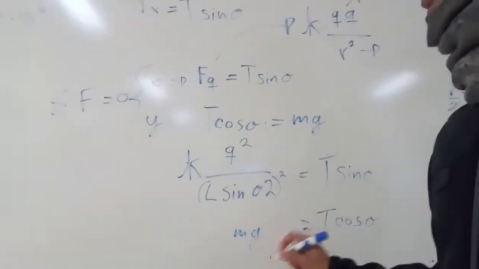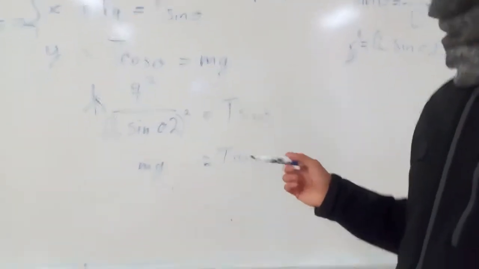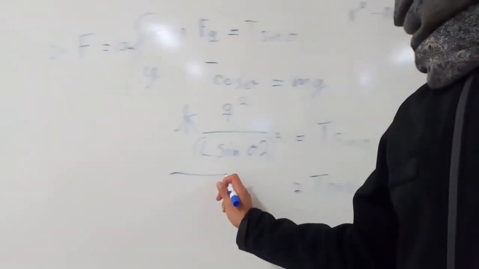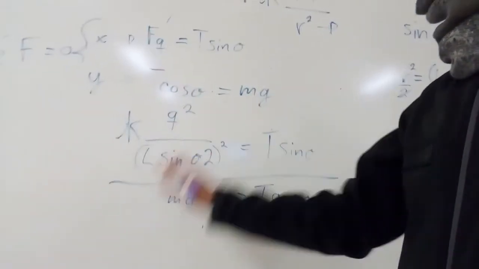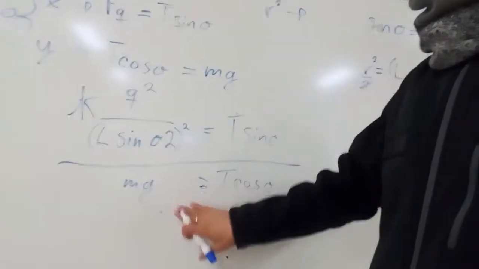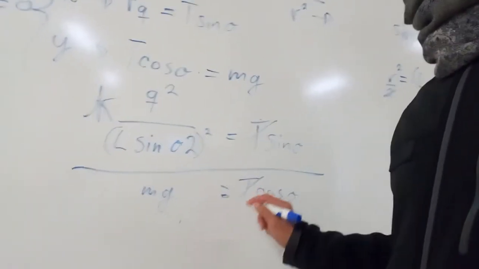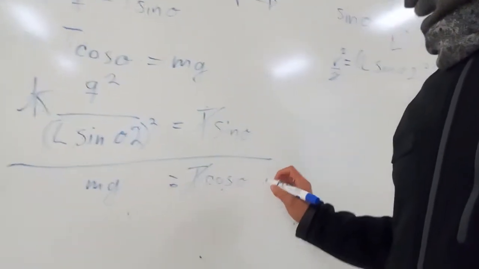For solving this equation, we can use a lot of methods, but I'm going to use one in which we compare them. So we can use it as a division, and the tension cancels with the tension, and sine over cosine is equal to the tangent.